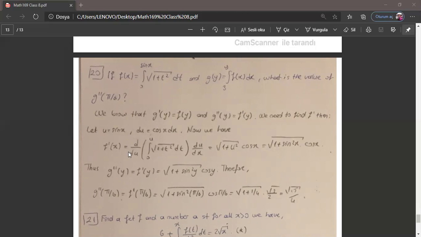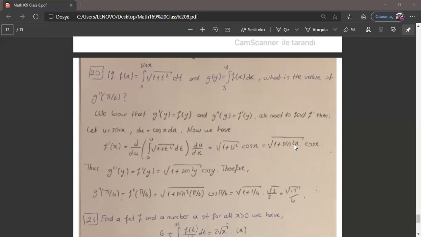Here we have f. Okay, again we have sine x, we make substitution. Okay, we have this. I hope you get that part till here. So for this part we have this, and du over dx is equal to cosine x.